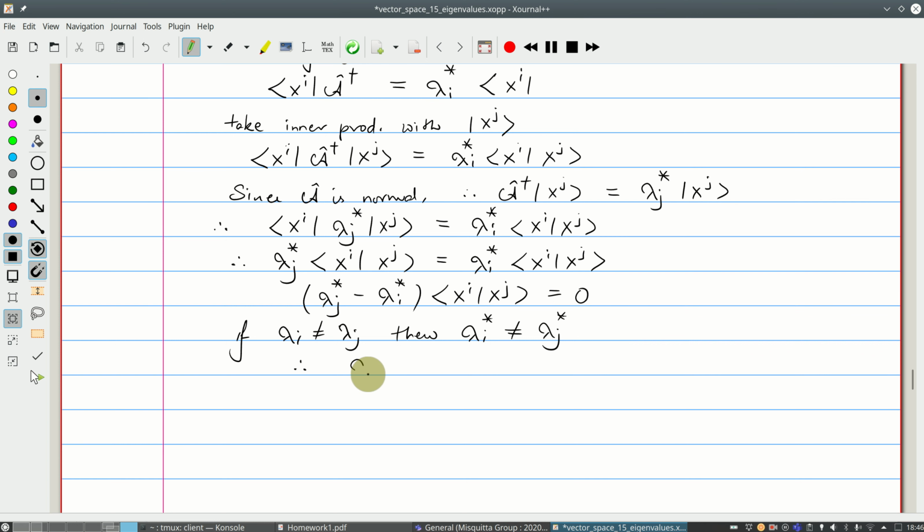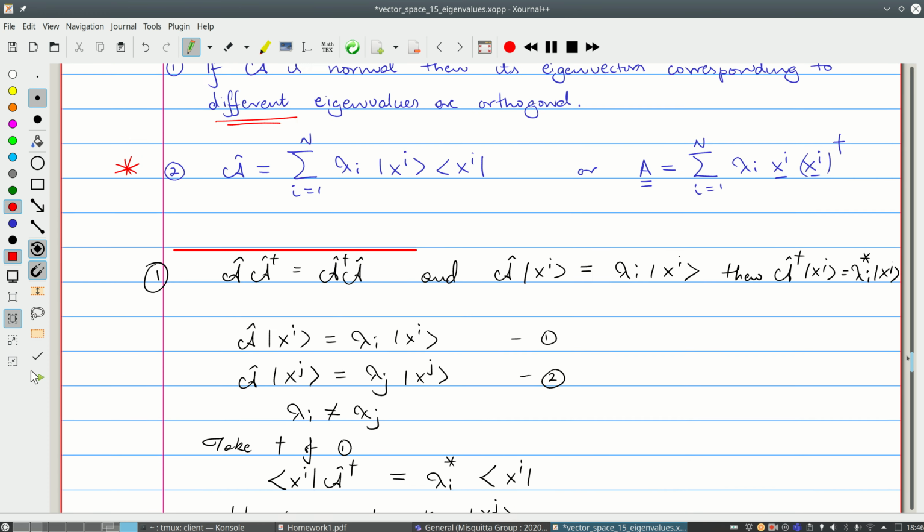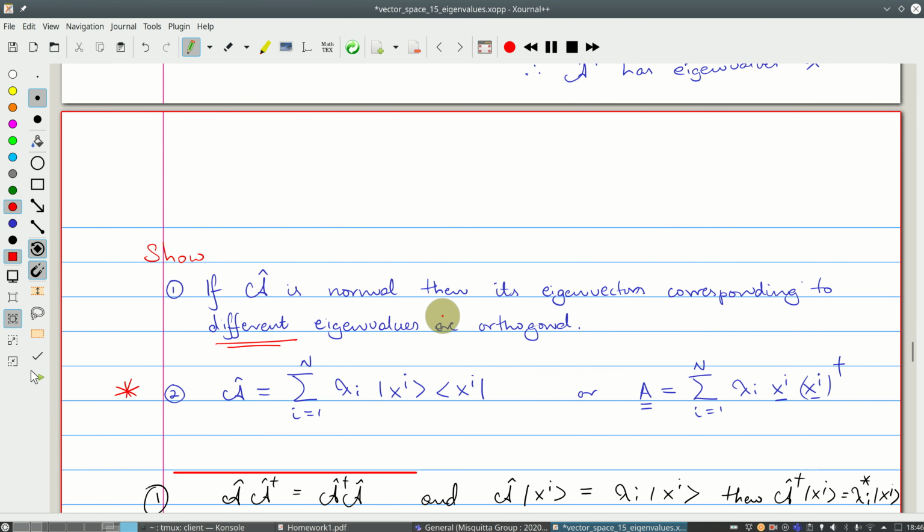Therefore, lambda j star minus lambda I star is not equal to 0. Therefore, we must have the inner product of xi with xj equal to 0. That proves the result we had here, that if A is a normal operator, then its eigenvectors corresponding to different eigenvalues are orthogonal.